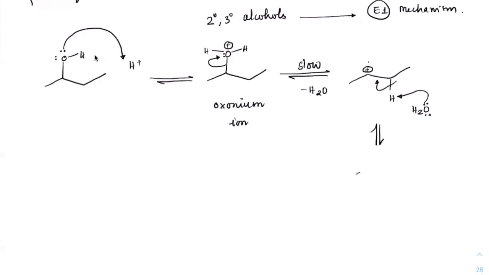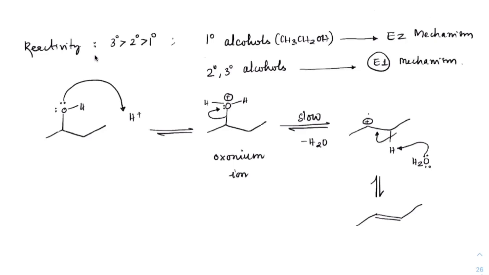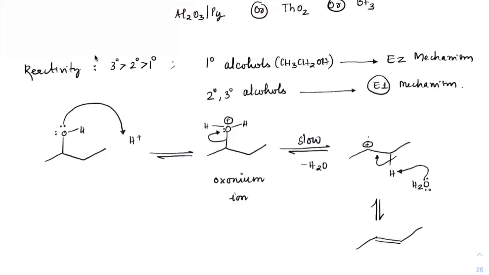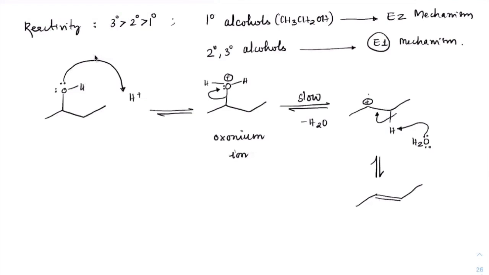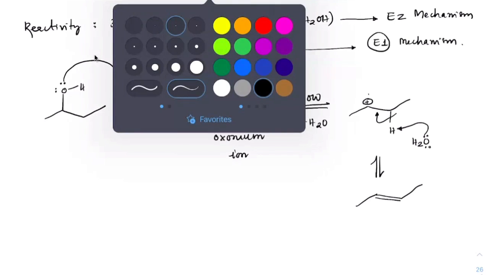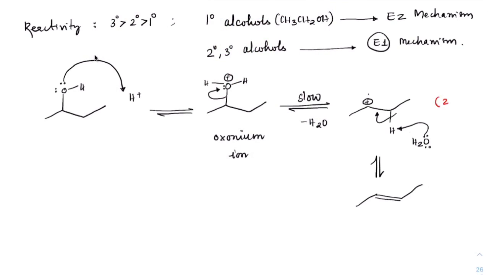So from here the product formed will be an alkene. This is the general mechanism of dehydration. Now, students, when does this carbocation usually form? Carbocation usually forms when it is 2 degree or 3 degree. If it is 1 degree, a direct reaction will take place, which means H2O will attack here and this OH2 will leave from there.